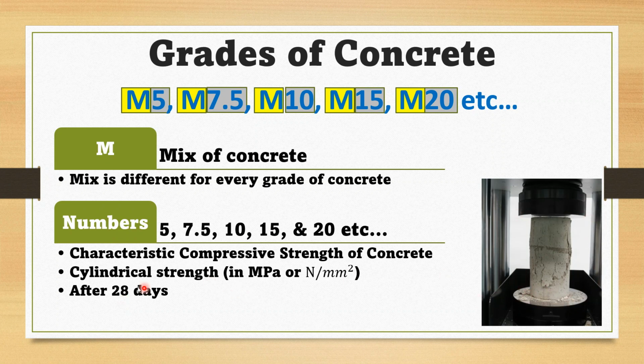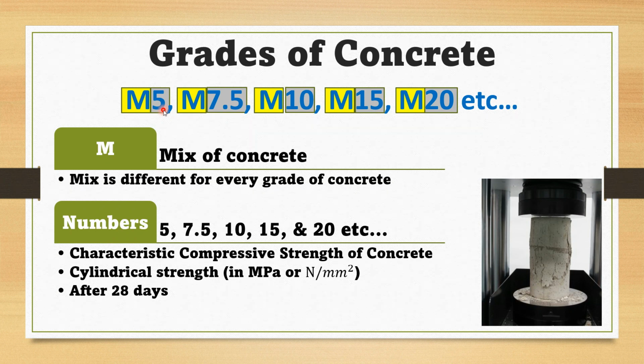I have specified that this is the cylindrical strength written with the grade. It is not the cubical strength, because although we often check the cubical strength, that is not written for the grade of concrete. For the grade of concrete, the letter M stands for mix ratio and the number stands for the strength of concrete in megapascals for cylindrical samples after 28 days.